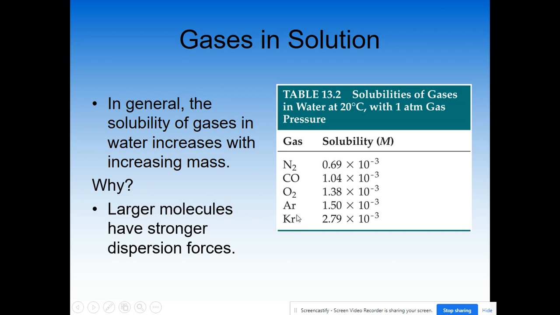So things like krypton have higher masses than things like nitrogen. So nitrogen will be a little bit less soluble in water than krypton or argon because of the lower molar mass, so fewer electrons in nitrogen as opposed to a higher molar mass and greater number of electrons in argon and krypton. So the more electrons, the higher the molar mass, the greater the London dispersion force, and the more soluble those gases will be in solution.